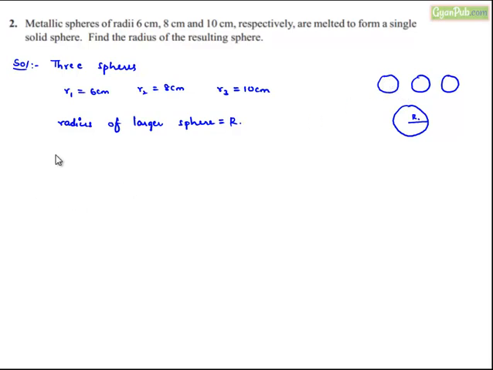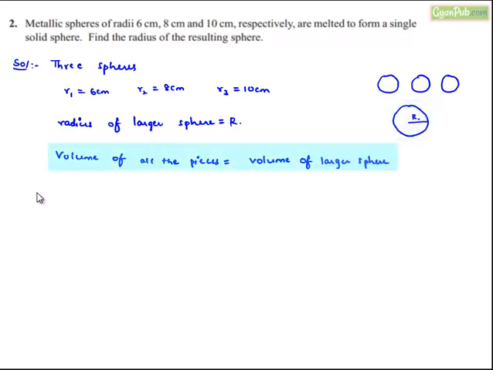Now we know that when the metal is recast to form the larger one from the small pieces, the volume of all the smaller pieces is equal to the volume of the larger sphere formed. So we have 3 spheres with radii r1, r2 and r3.